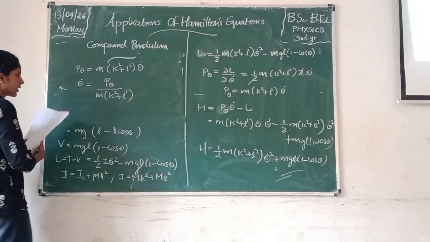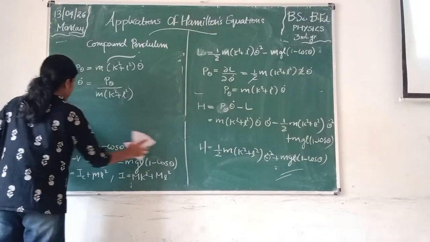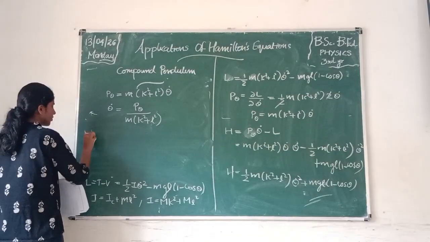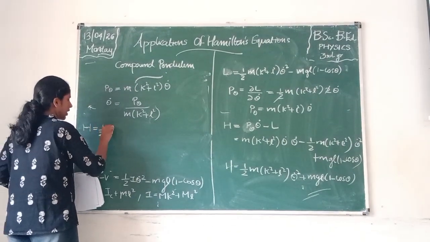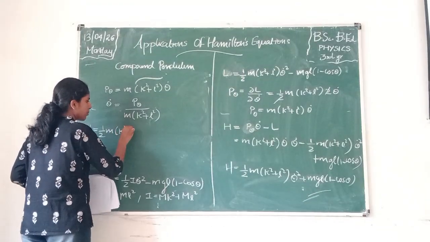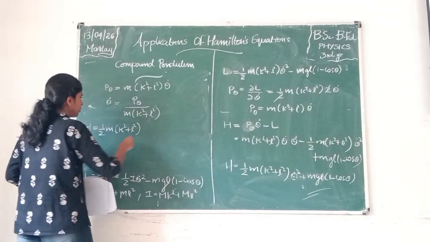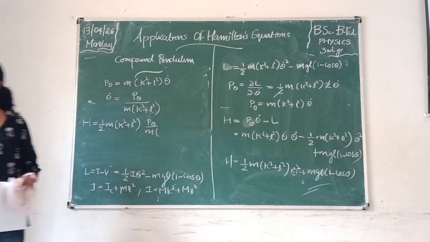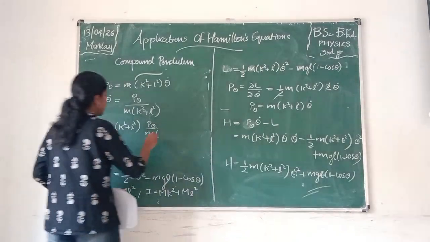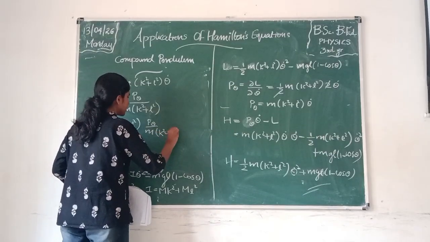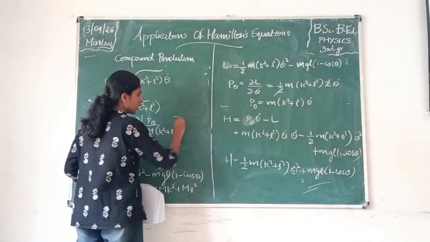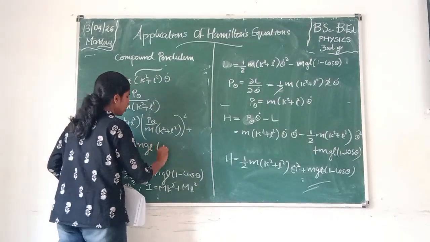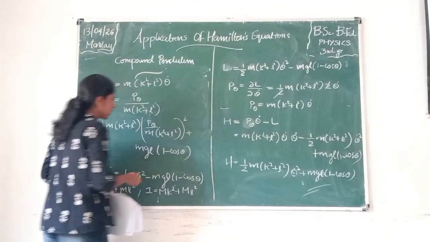Okay, so substituting that equation, we will get H is equal to half m k square plus l square into p theta by m into k square plus l square, the whole square, plus mg into 1 minus cos theta.